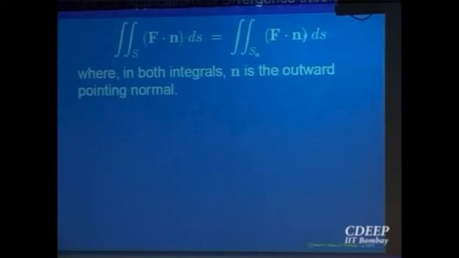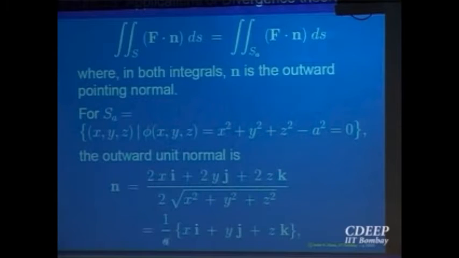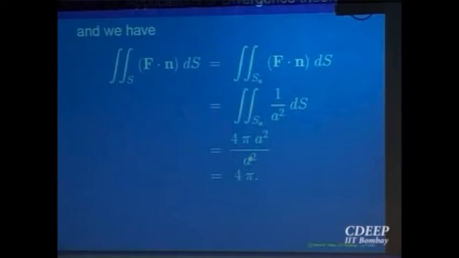The advantage now, once again like in Green's theorem, is that you know this surface completely. It is x square plus y square plus z square equal to a square, and you can give a parameterization and compute it. This surface S is not known, we know nothing about it, still I am able to compute this surface integral, because the divergence of that vector field was equal to 0, and the other integral we can compute by putting in the parameterization for the sphere. The normal is always pointing outside, the position vector is the normal, and hence you compute, and that comes out to 4 pi.